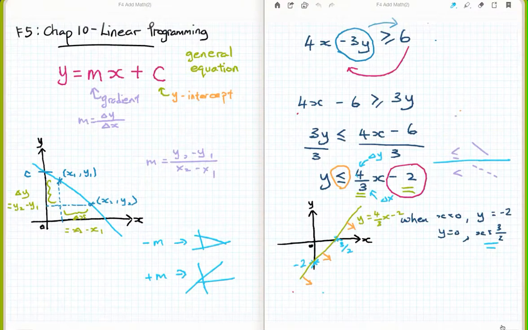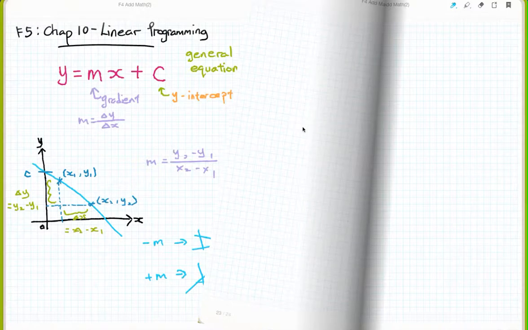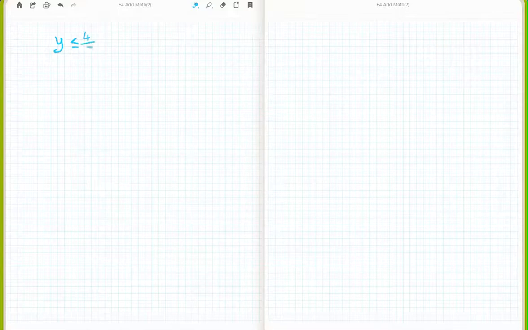Let me rewrite this equation. If the equation is y is less than or equal to 4 over 3 x minus 2, and you have graph paper, then you don't really need to substitute them.